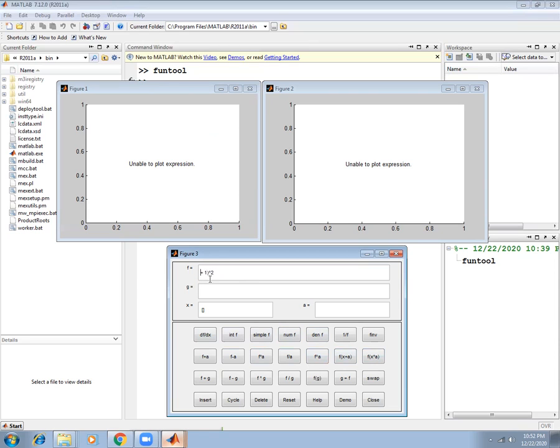Again define x power 4 minus 4 into x cube plus 10, and taking the parameter a equals 2.